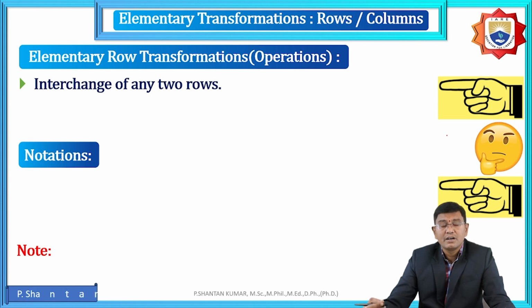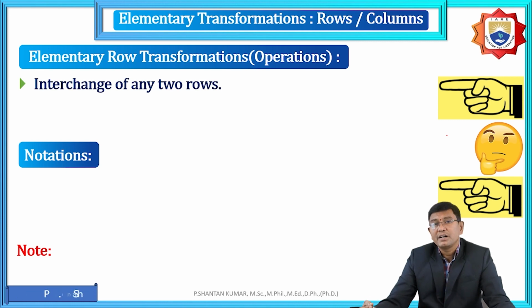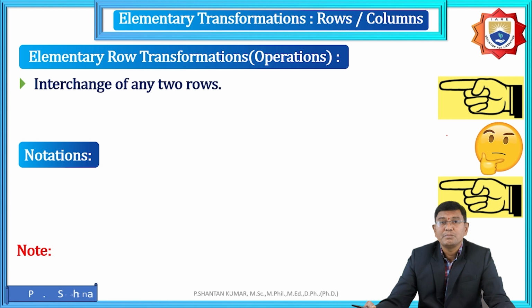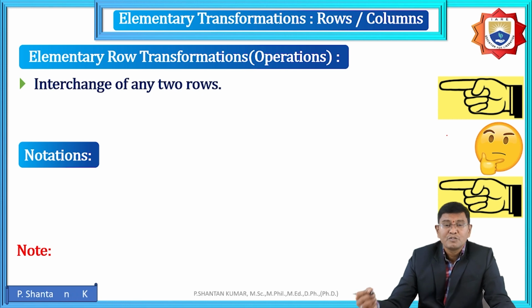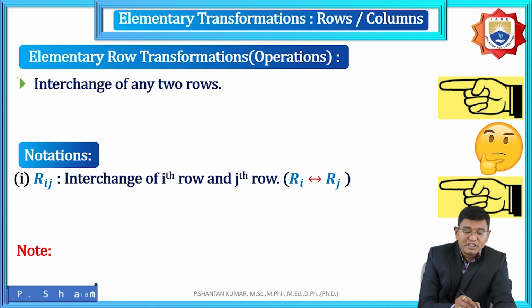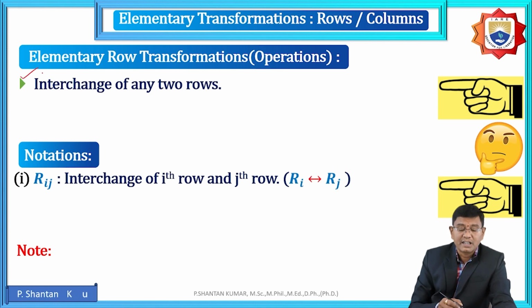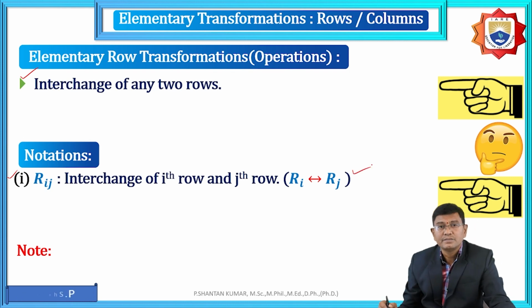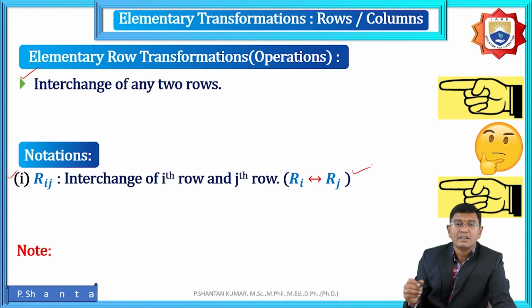Notation-wise, the interchange of any two rows is denoted Rij, which means Ri interchanges with Rj.